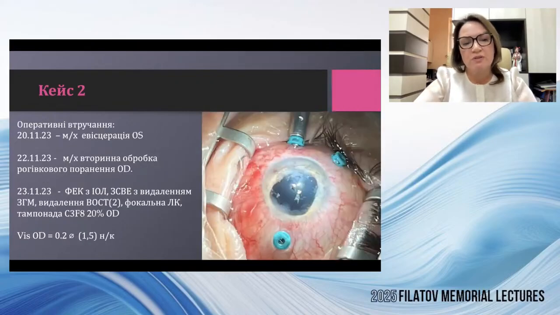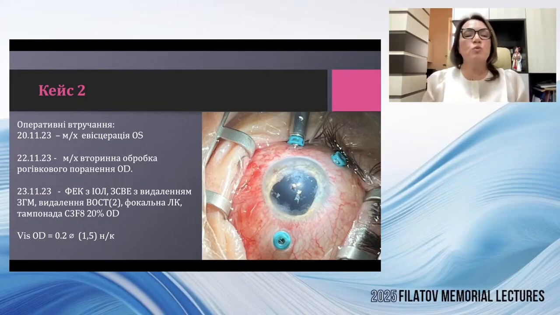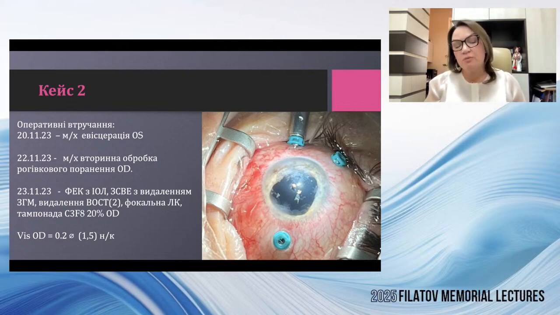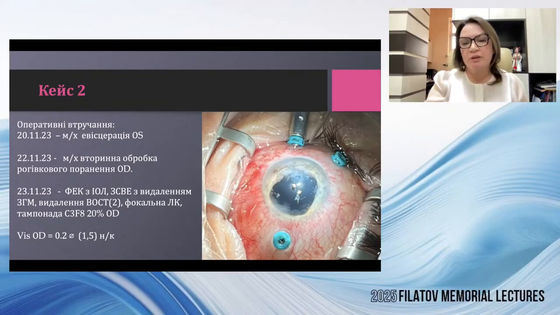We made a decision for evisceration, and on the next day we performed an evisceration. Within 2 days we performed a secondary surgical treatment of the scleral wound and conducted a vitrectomy and phacoemulsification with removal of foreign bodies from the eye wall. The visualization was poor because the cornea was damaged and edema was significant. Therefore, we conducted deepithelialization, which is often used in the posterior part of the wall.